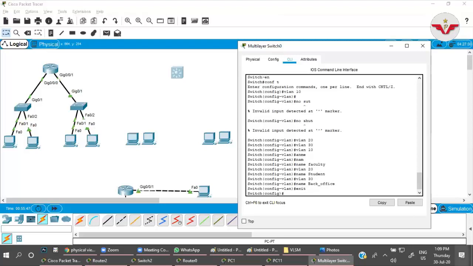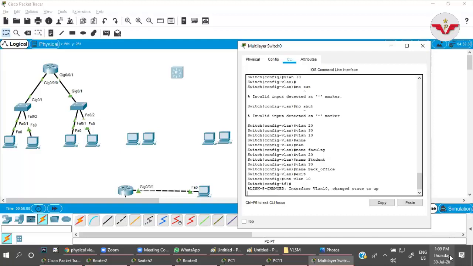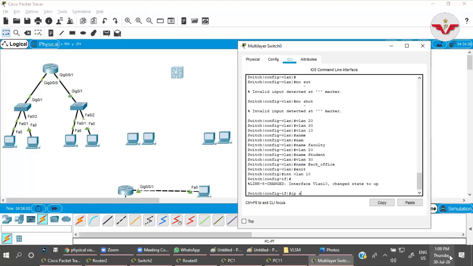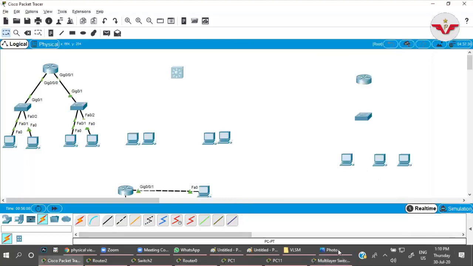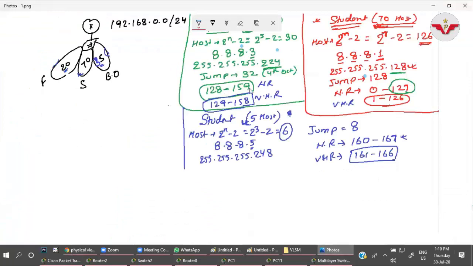Now on each VLAN, that is in the different network, I will give the IP address as well. So int VLAN 10, IP address. VLAN 10 is for faculty. For faculty, what was the network which we were using yesterday? 128 to 159.